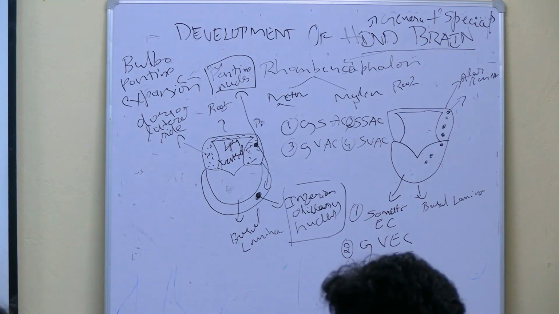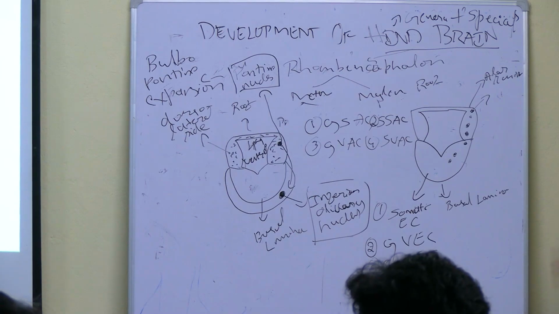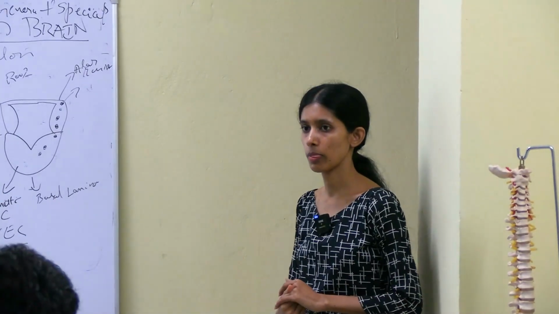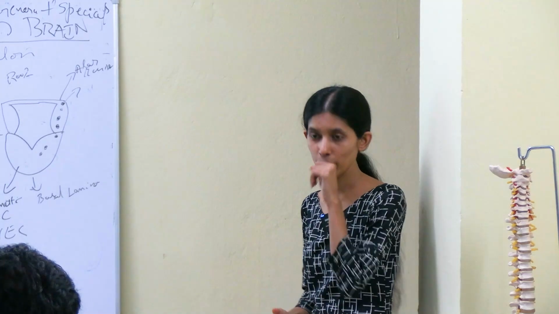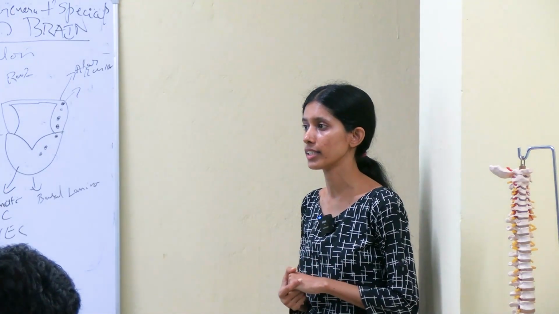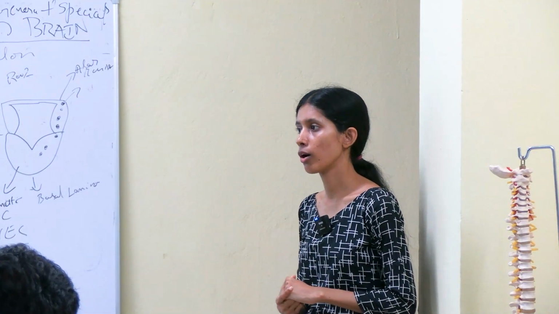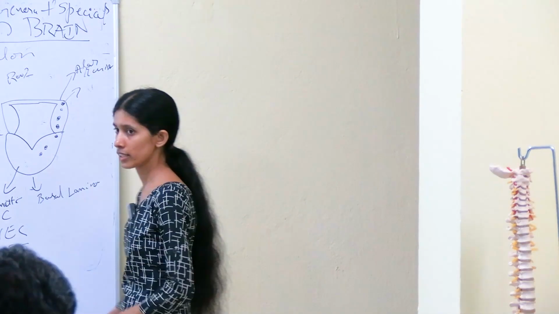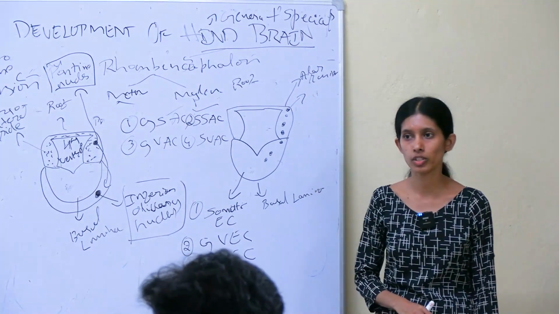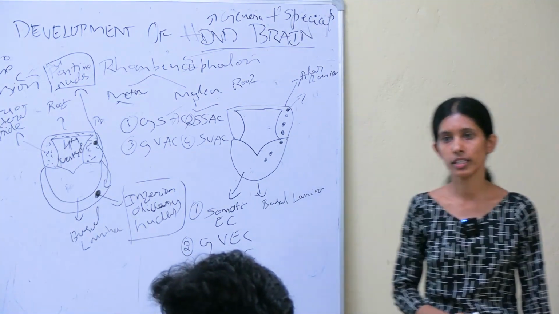Any doubts in this? No doubts? Is it clear? Which cranial nerves are related to your medulla oblongata region? In the next class, we will study in detail about each and every column, their particular function or contribution to the development.